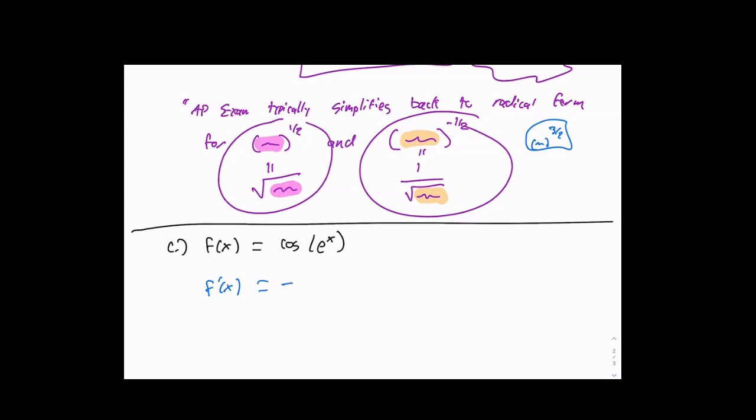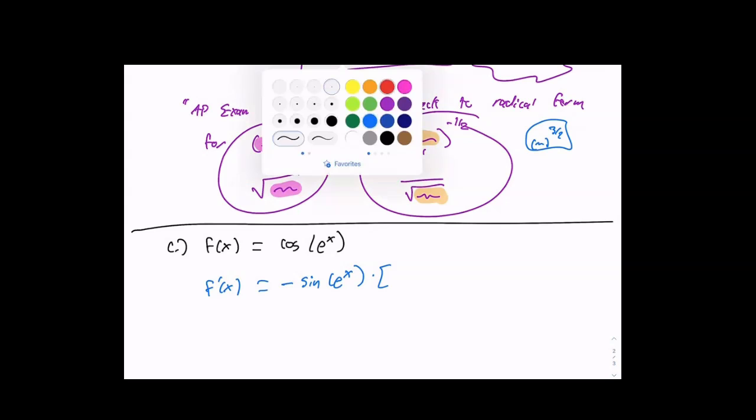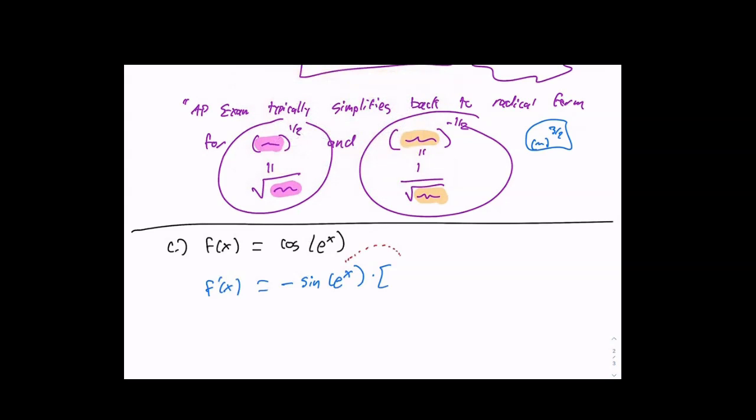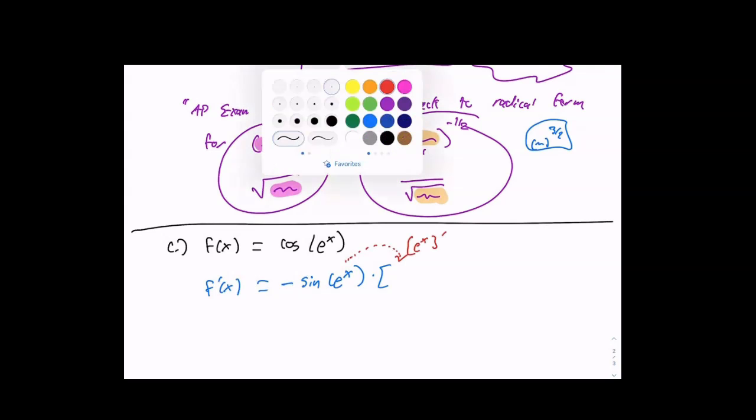The first part is negative sine of e to the x, but that's not the final answer. Don't forget the baby. Times the derivative of e to the x.